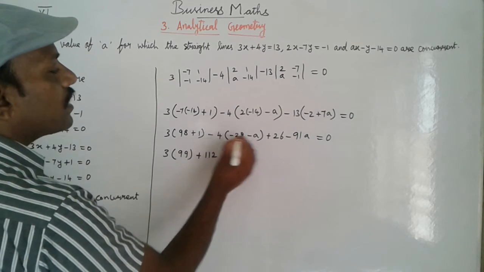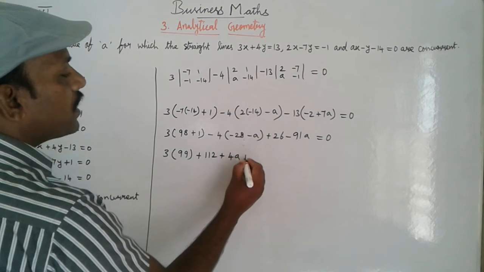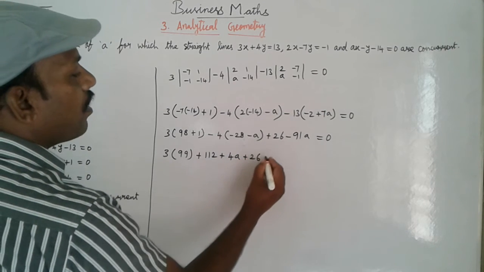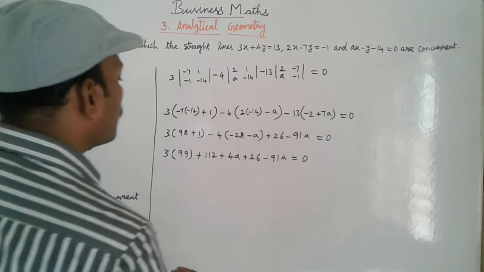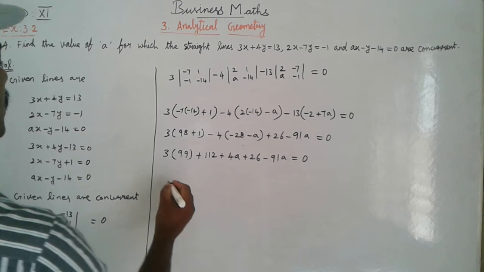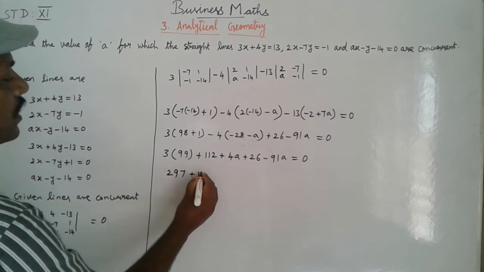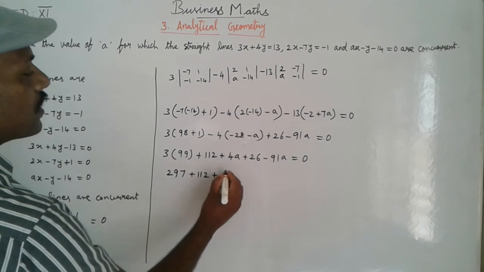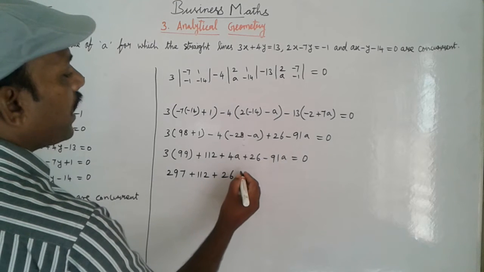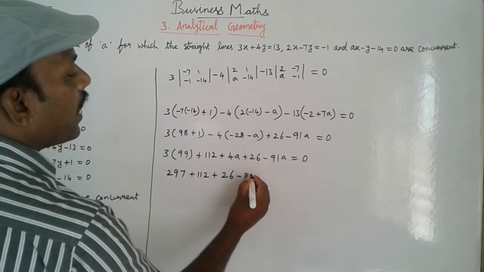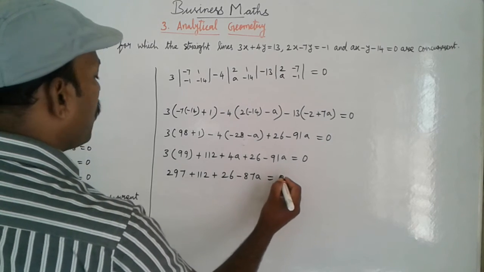Then 4 into a is 4a, plus 26, minus 91a equal to 0. 3 into 99 is 297, plus 112, plus 26. 4a minus 91a is minus 87a equal to 0.